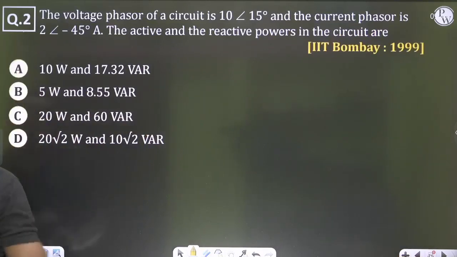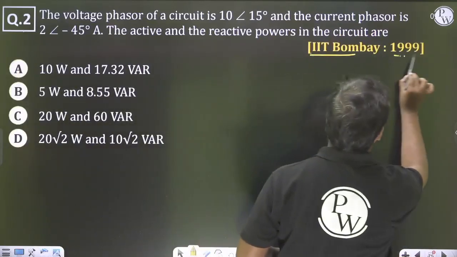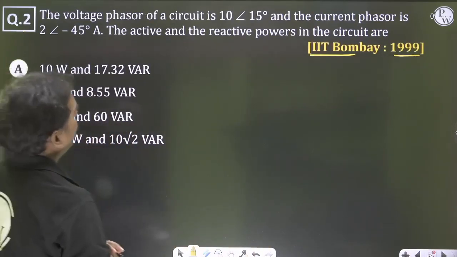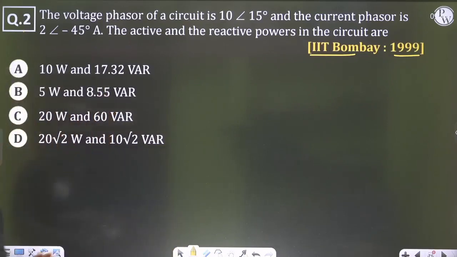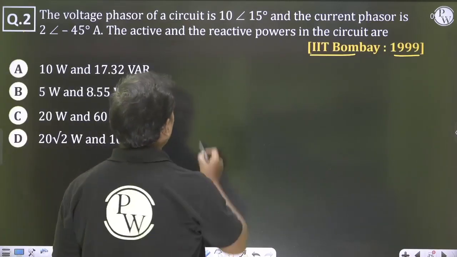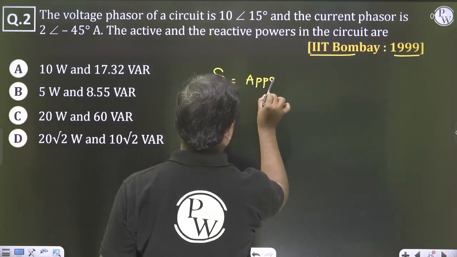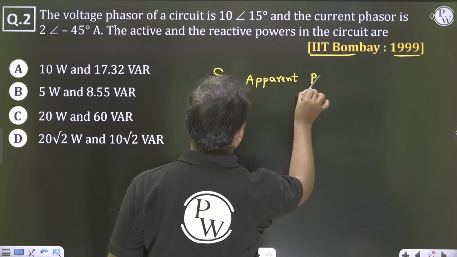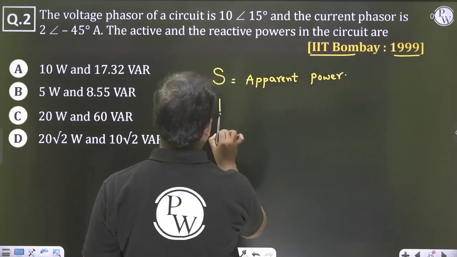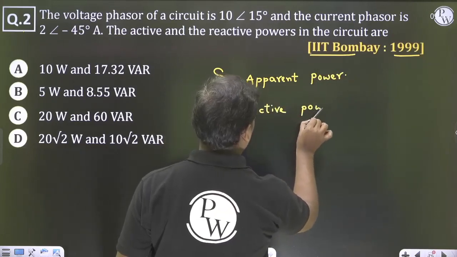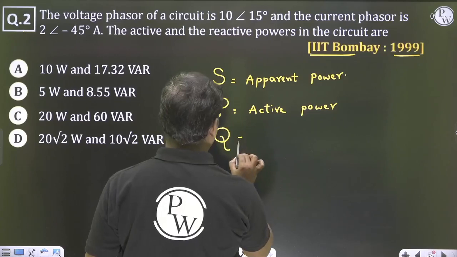Question number 2, IIT Bombay 1999 question. How to answer this question? The voltage phasor of a circuit is 10 angle 15 degrees and the current phasor is 2 angle minus 45 degrees. The active and the reactive powers in the circuit are dash. As we know, S is the apparent power, P is the active power, and Q is the reactive power.